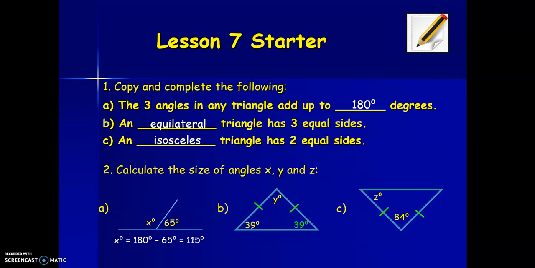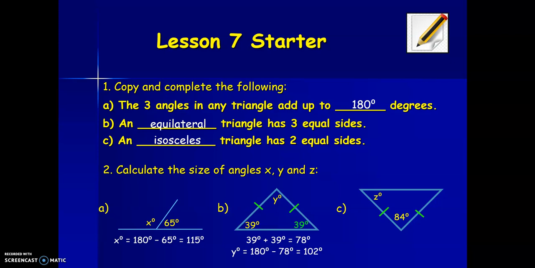To get angle Y, we need to add these two angles together and then take the answer away from 180 degrees because we know the three angles in any triangle add up to 180 degrees. And this will give us an answer of 102 degrees for angle Y.